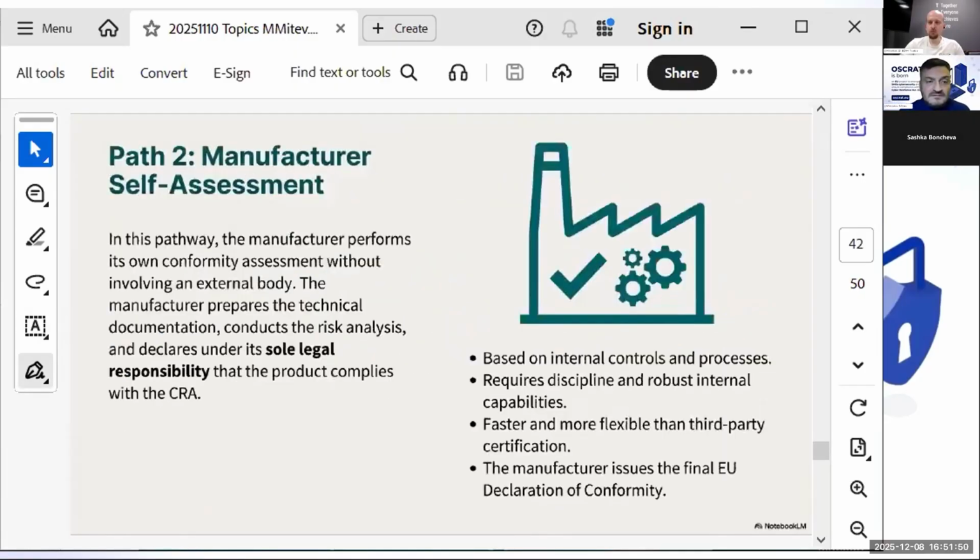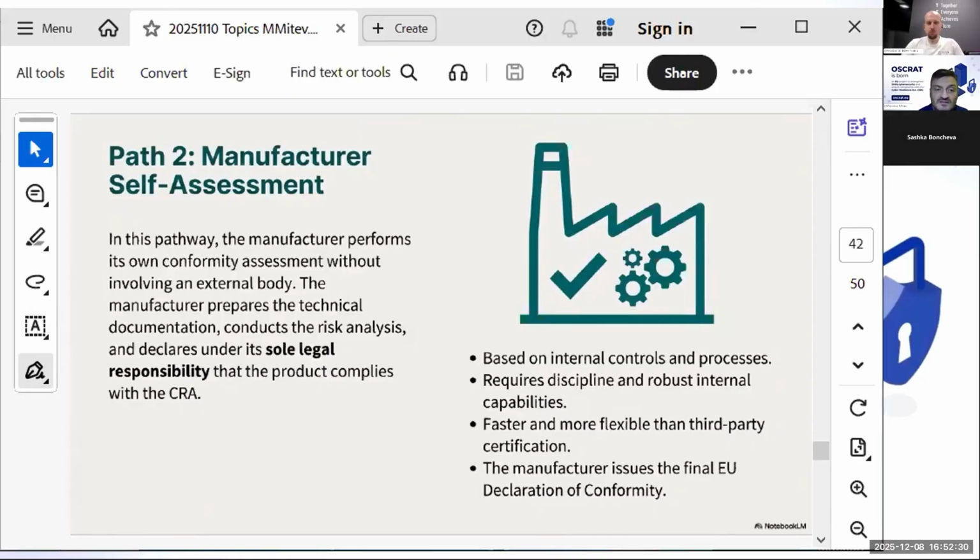The second path is self-assessment, where the manufacturer performs its own conformity assessment without involving an external evaluator. In this pathway, the company prepares all technical documentation, conducts the risk analysis, and declares under its sole legal responsibility that the product complies with the CRA. Self-assessment depends heavily on strong internal processes and good discipline.